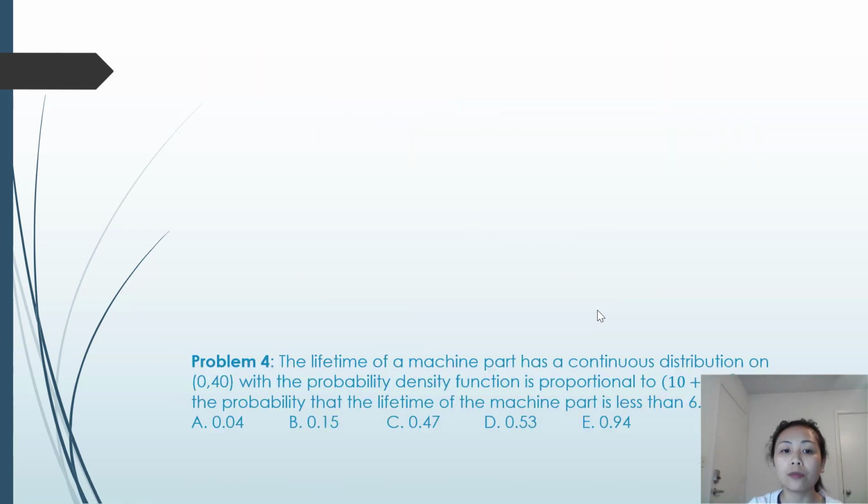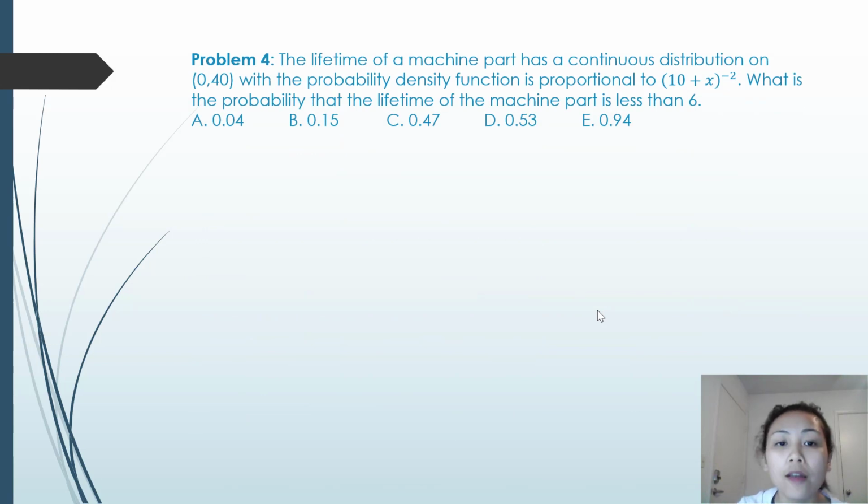Now we consider problem number 4. The lifetime of a machine part has a continuous distribution on the interval from 0 to 40, with the probability density function proportional to 10 plus x to the negative 2. What is the probability that the lifetime of a machine part is less than 6?